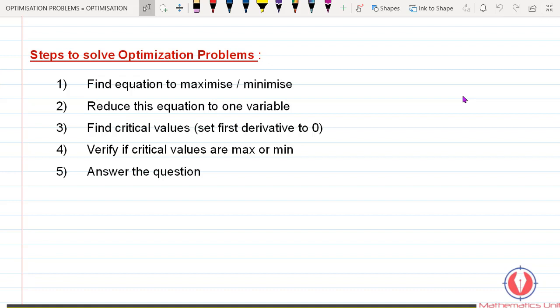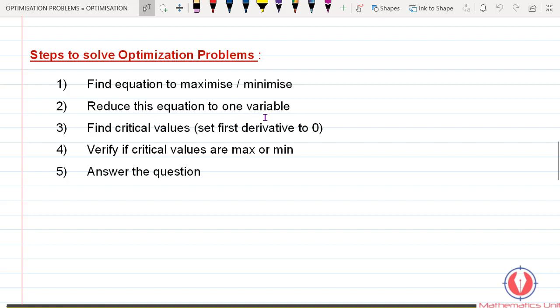Before we go to our first example, here are the 5 steps to answer any optimization problem. First, find the equation to maximize or minimize. This is called the optimization equation. Second, you need to reduce this equation to one variable.